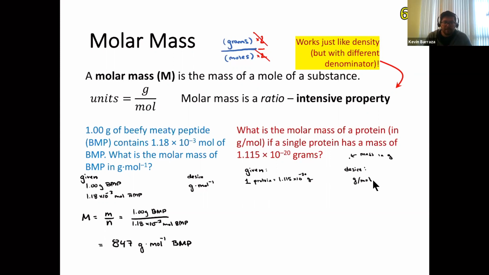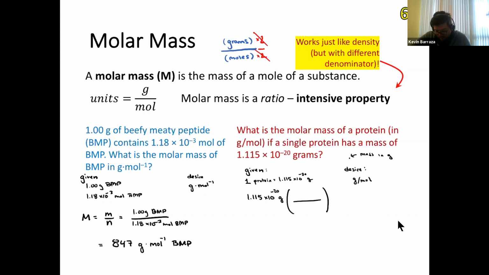So how am I going to set it up? Well, I have 1.115 times 10 to the minus 20 grams. What do I desire? Grams are on top, which they already are, and I want mole to be on the bottom.